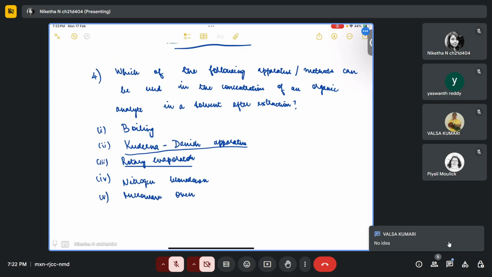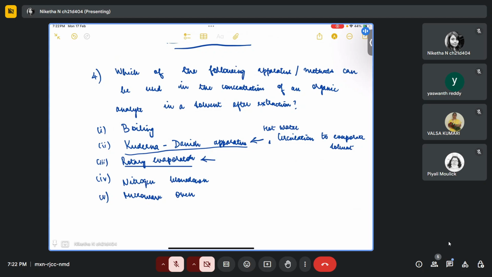This apparatus will use hot water in circulation to evaporate the solvent, whereas in a rotary evaporator, we will have a hot water bath.